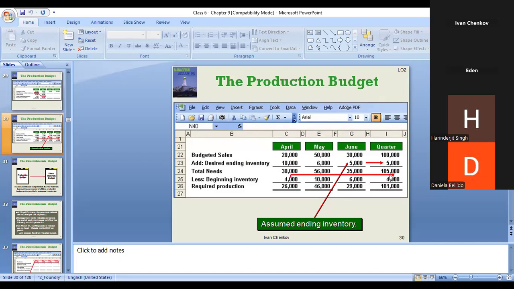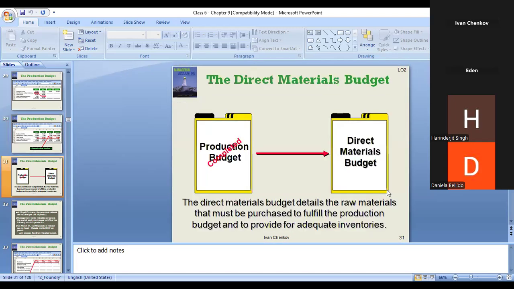Then we're going to see our needs, and then we're going to check what was the beginning balance of the quarter, which is the beginning balance of April. And once we get that balance, we're going to see how much our production for the quarter should be. And we're done with our production budget.